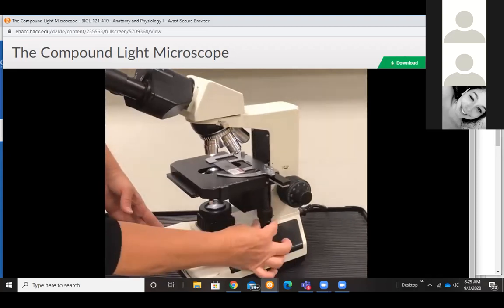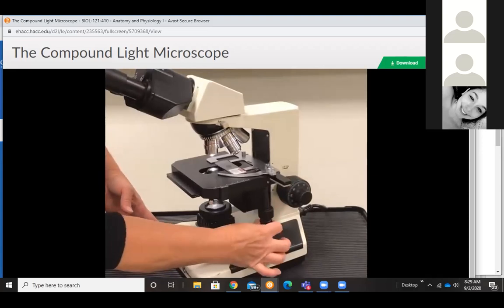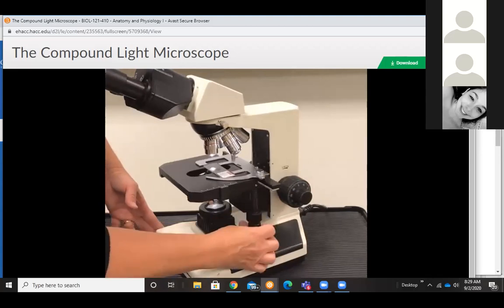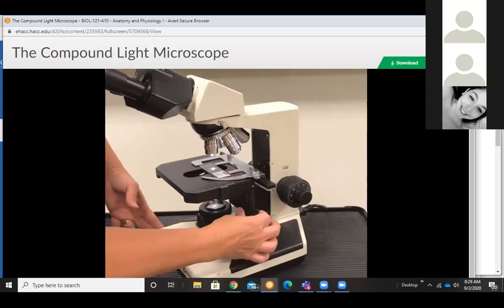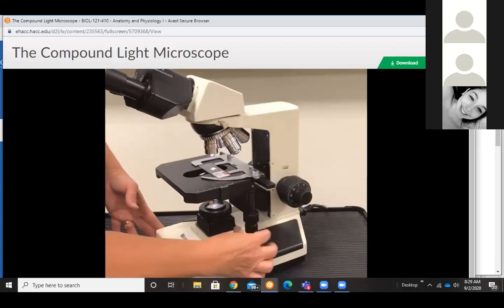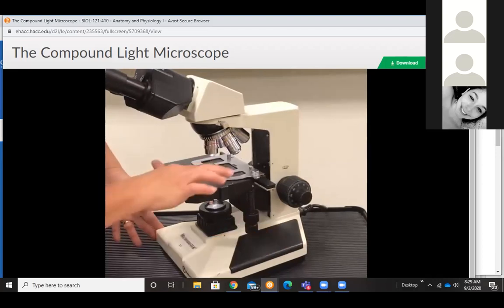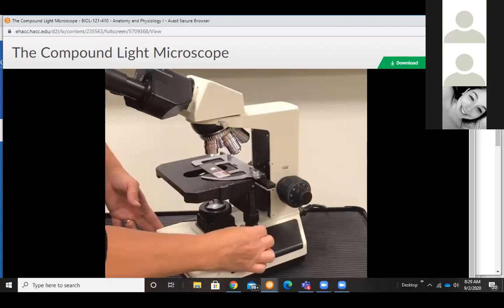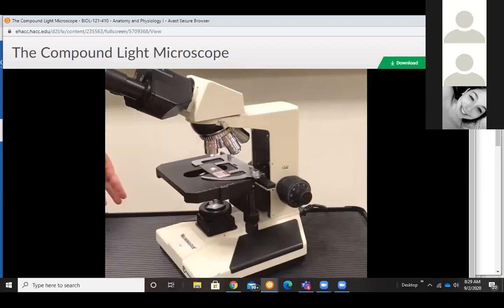And then we have a lower dial that moves the stage left to right. So you always want to position your specimen so that it is directly over the light, and you can do that. The microscope slide is held firmly in place by the stage clips, and then you can move these stage adjustment knobs in order to adjust the position of the specimen so that it is directly under the objective lens.